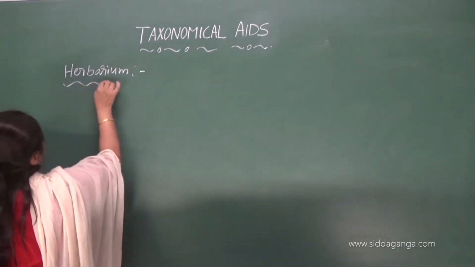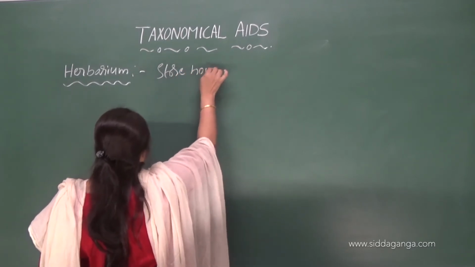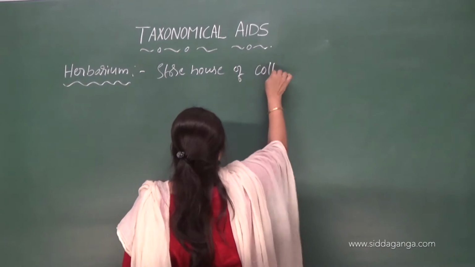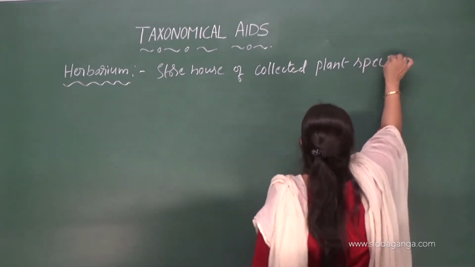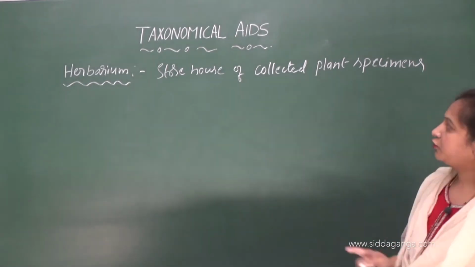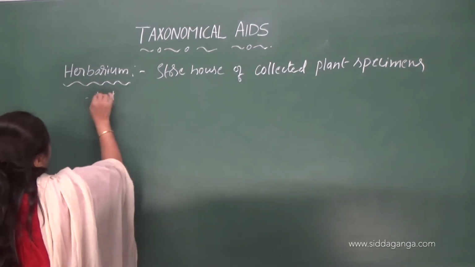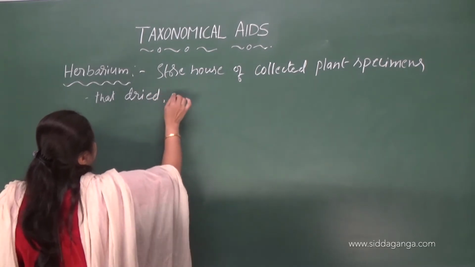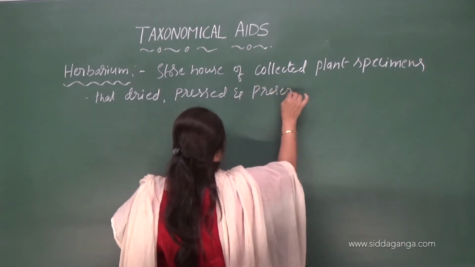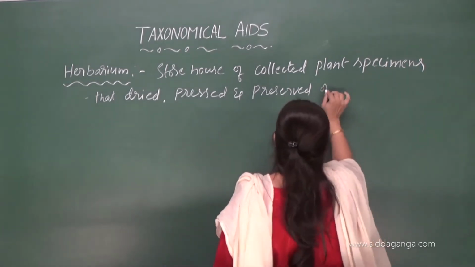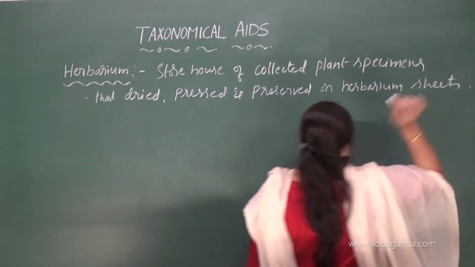What exactly is a herbarium? A herbarium is the storehouse of collected plant specimens that are dried, pressed and preserved or mounted on herbarium sheets.